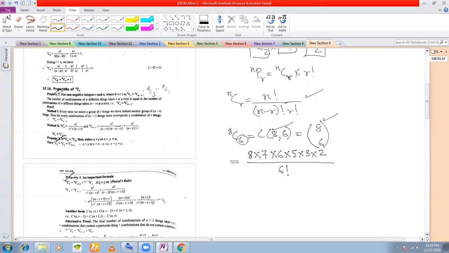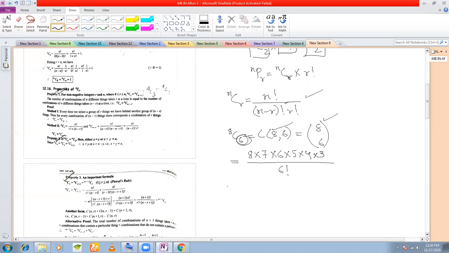That's it. Understood or not? Sir, 4 is missing. Oh yes, 4 is missing. So 5 into 4 into 3 this should be. So you write this as 8P6 and then divided by factorial 6.